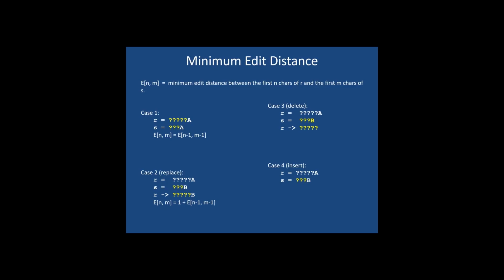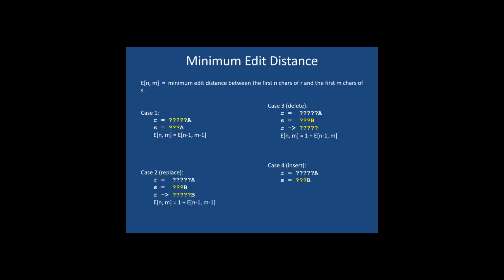The deletion, plus, what strings are we converting now? It's not the same as this. Would it be 1 plus E of n minus 1 and m? Yes. It's 1 plus E of n minus 1 and m.